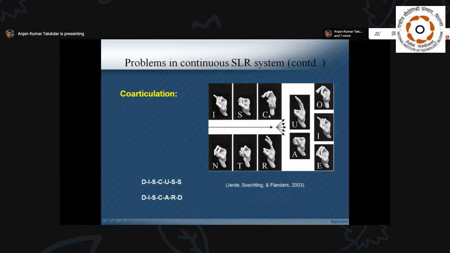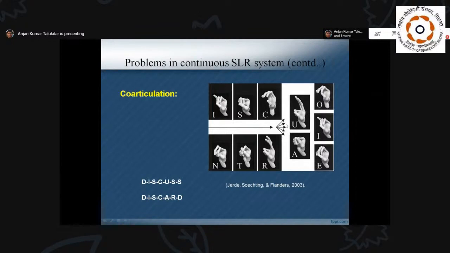So there are two problems basically. One is called the assimilation and dissimilation problem. Suppose you can see the letter C and the letter A; they are almost similar.